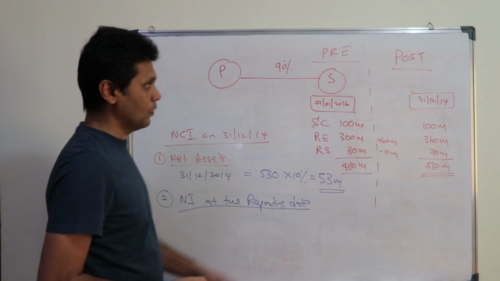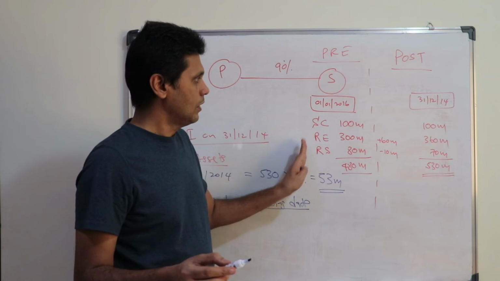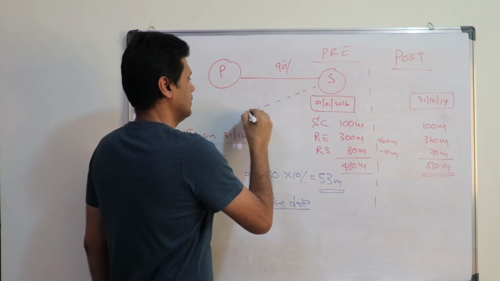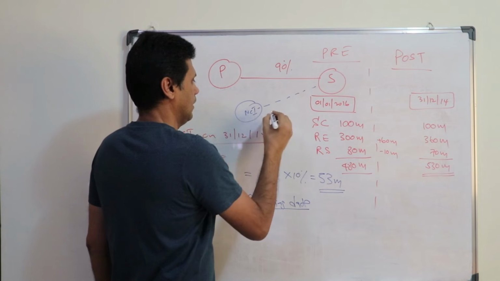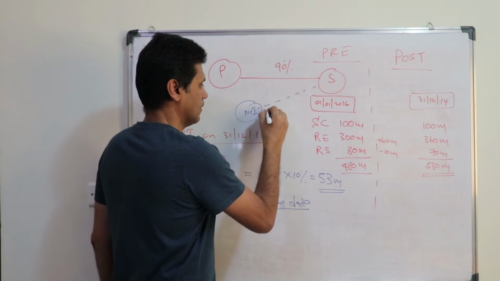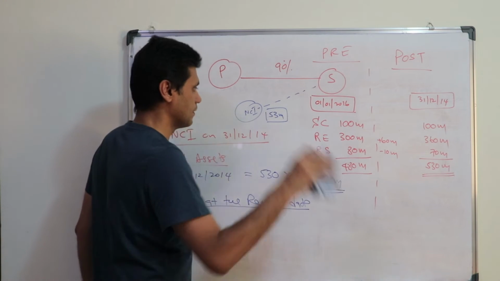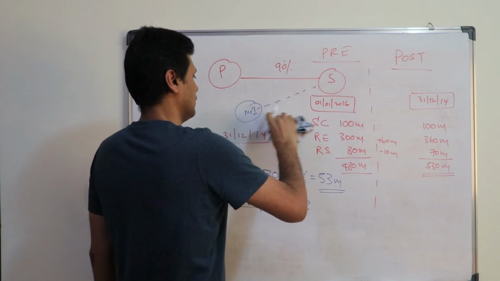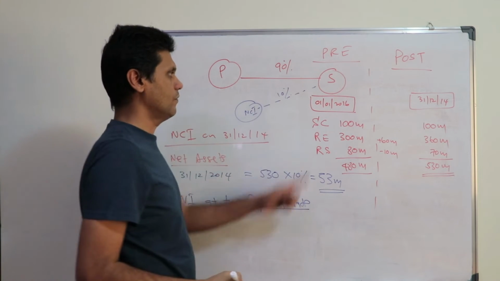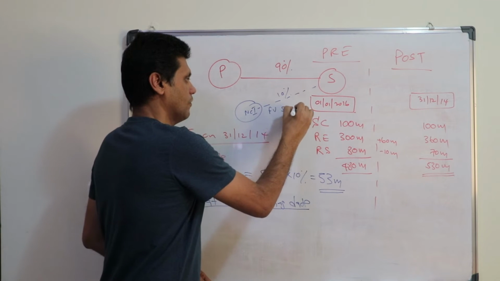Okay, so here we need to take the fair value. At the time of acquisition, the fair value of NCI 10% was 50 million.